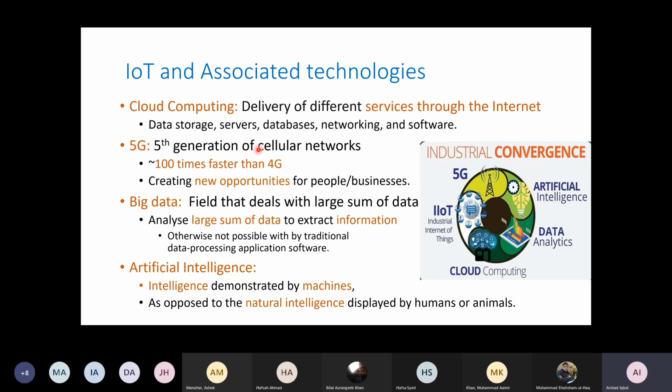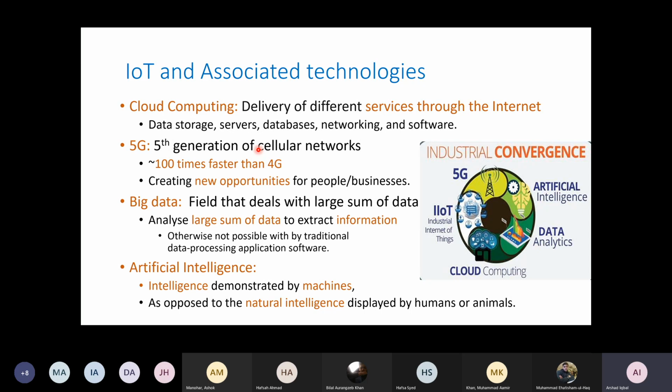IoT and associated technologies. We can link IoT with different technologies like cloud computing, 5G, big data, and artificial intelligence. Cloud computing is the delivery of different services through the internet, like data storage, servers, databases, networking, and software. While 5G is the fifth generation of cellular networks, which is 100 times faster than 4G, creating new opportunities for people and businesses.